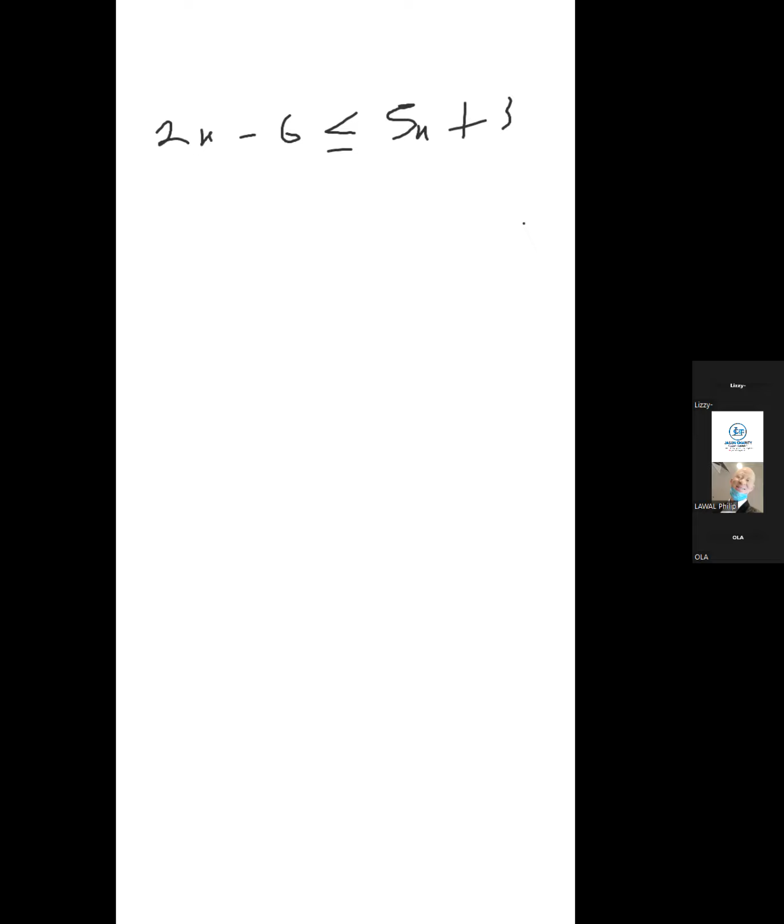So I'm going to have 2x minus 6, less than or equal to 5x, and then, of course, plus 3. I just want to play around identifying like terms.